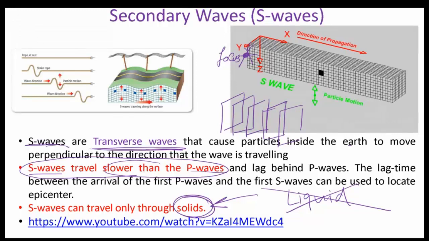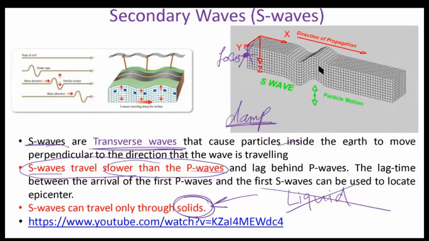That's why this kind of vibration cannot move inside the liquid for a long time. The first one will vibrate, the second one will vibrate a little, the third one will vibrate a little, the fourth one will not vibrate at all, and so on. So it dies, or we call it damps.